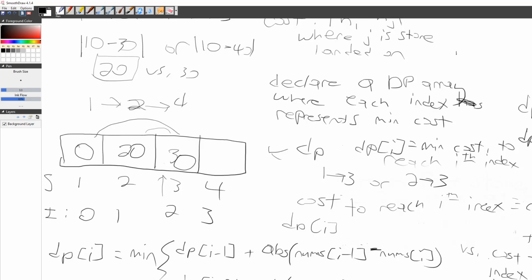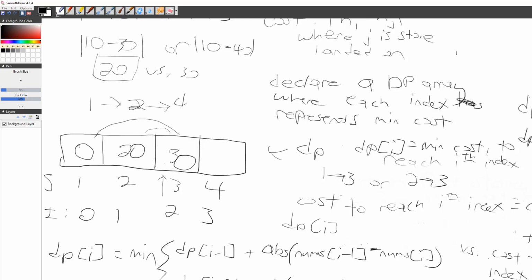Plus abs of nums sub 2 minus nums sub 3, and dp of 1 plus absolute value of nums sub 1. Oh, it's 4.